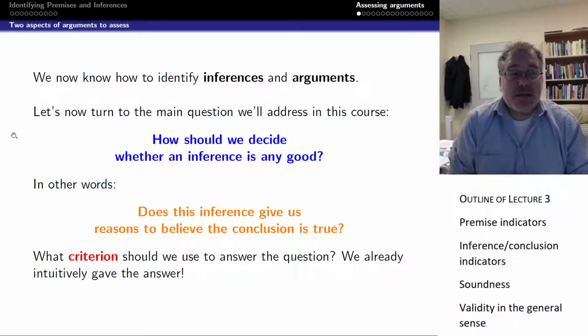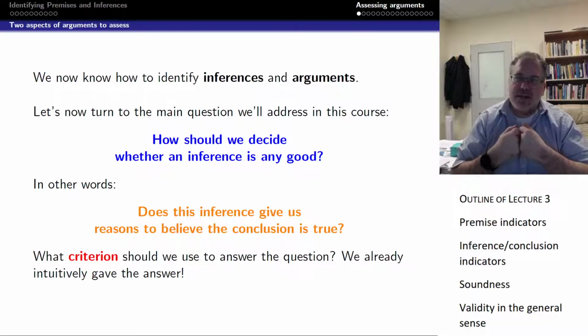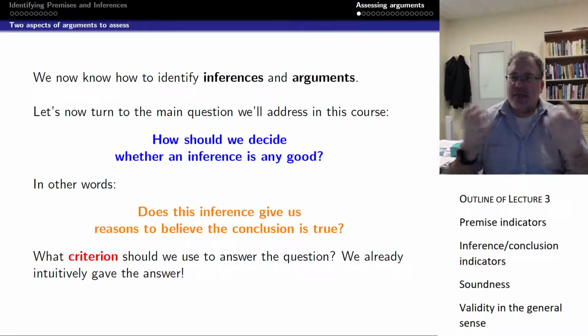So now let's talk about what's really important for us in logic, namely, how should we decide whether an inference is good? Right? Because that's really what logic is about, distinguishing good arguments from bad arguments.